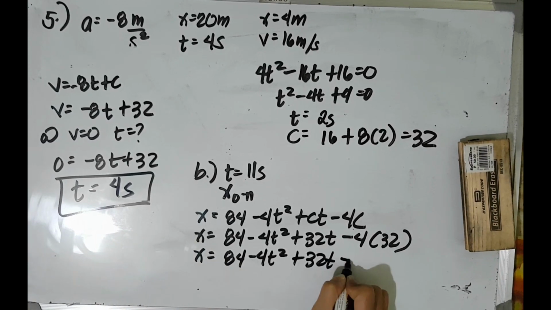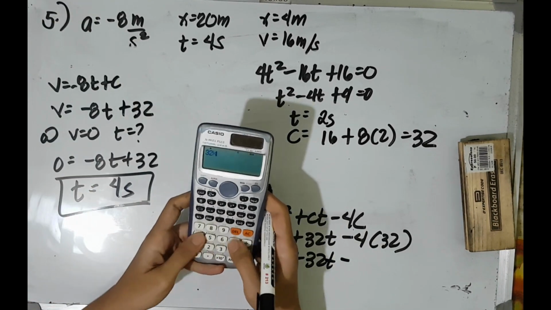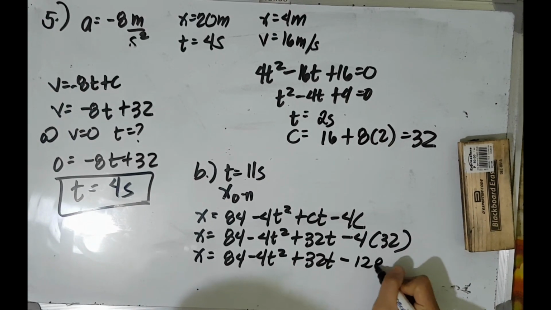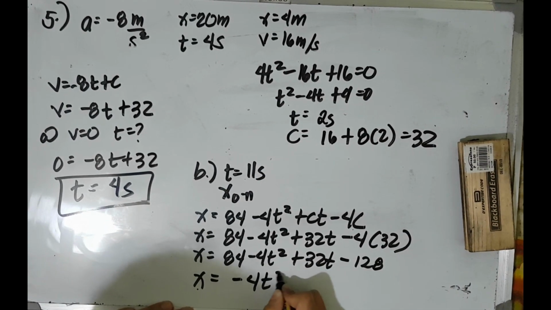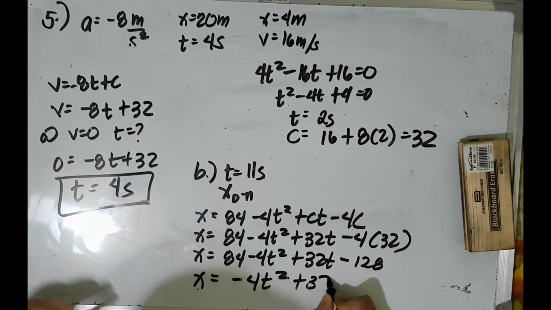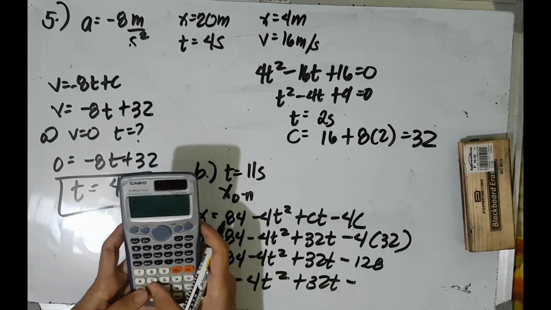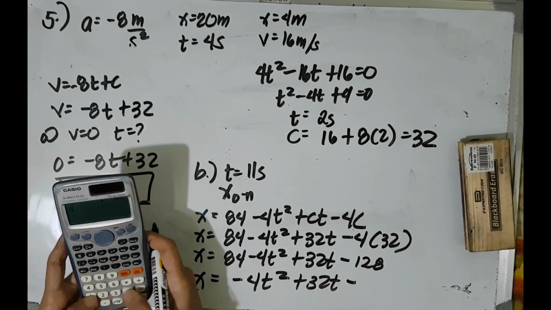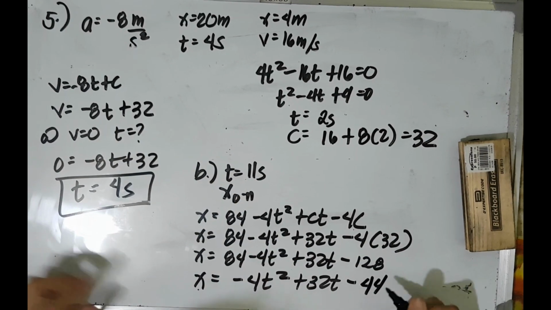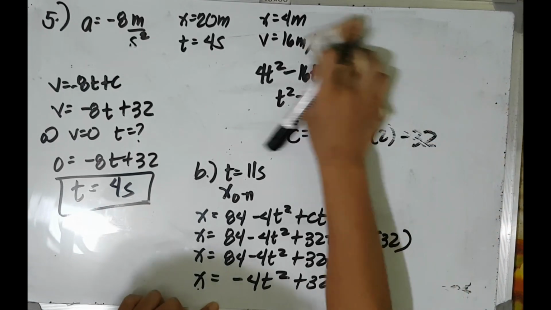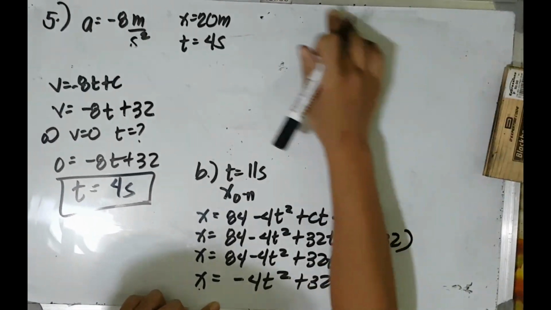So, ayan, we have 128. So, simplifying the equation, plus 32t. So, negative 128 plus 84 is equal to 44.